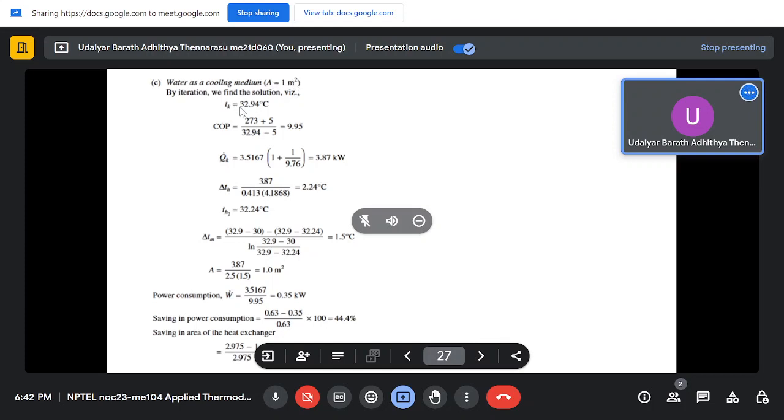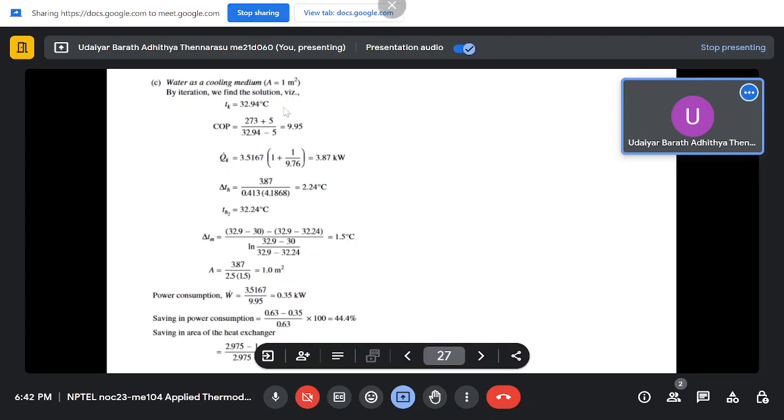So now using this we can find out the COP, which comes out to be 9.95, and similarly the heat rejected is 3.87 kilowatt, and delta T of water, the change in water temperature, is 2.24, and similarly we can find out the logarithmic mean temperature and area, which comes out to be 1 meter square.